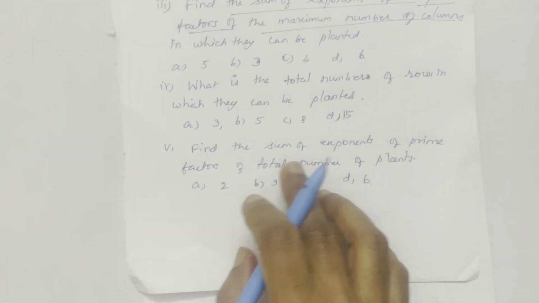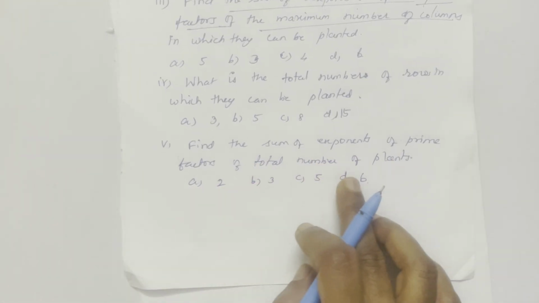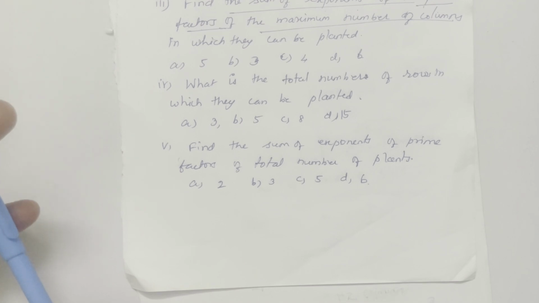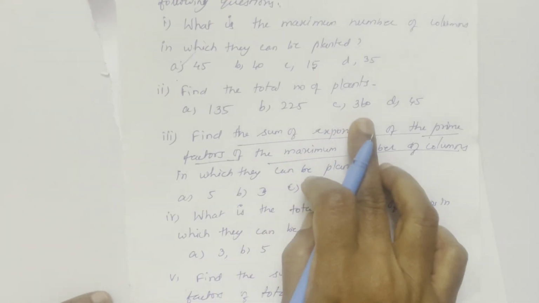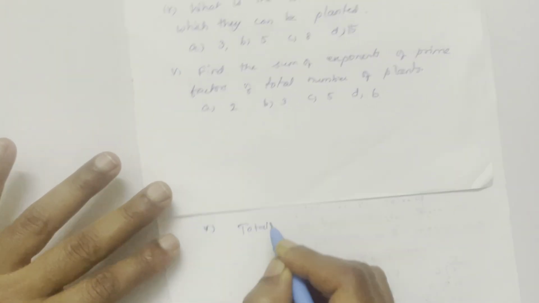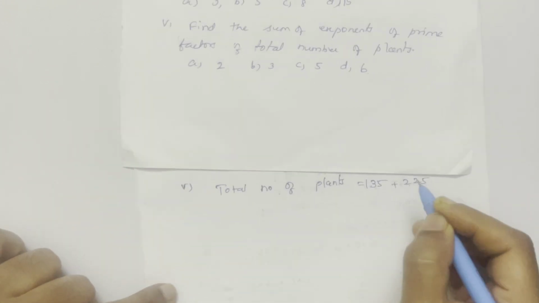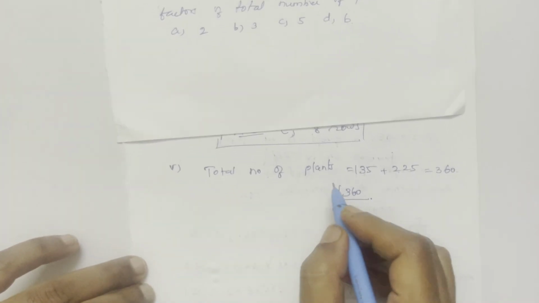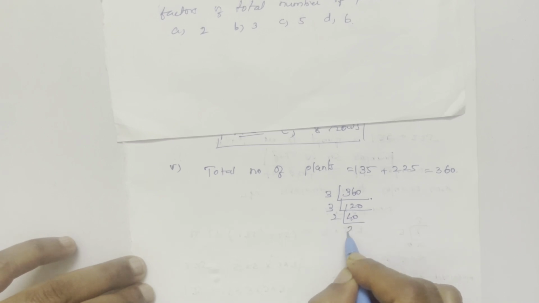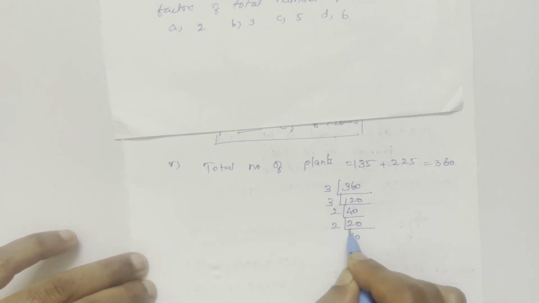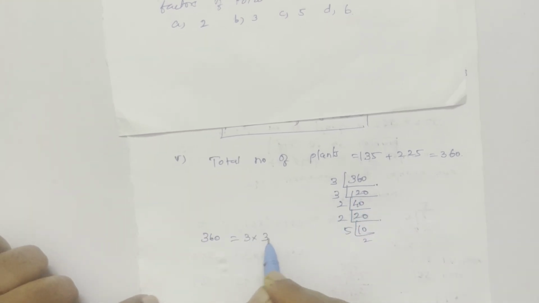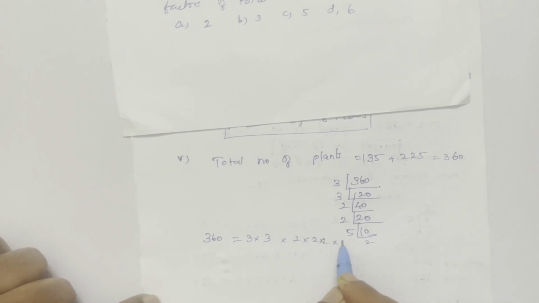Last division, find the sum of the exponents of prime factors of the total number of plants. So we have to find the total number of plants first. Total number of plants is 360, which we found in the second division. So we have to do the prime factorization. 360 equals 3 into 3, 2 into 2 into 2, into 5.